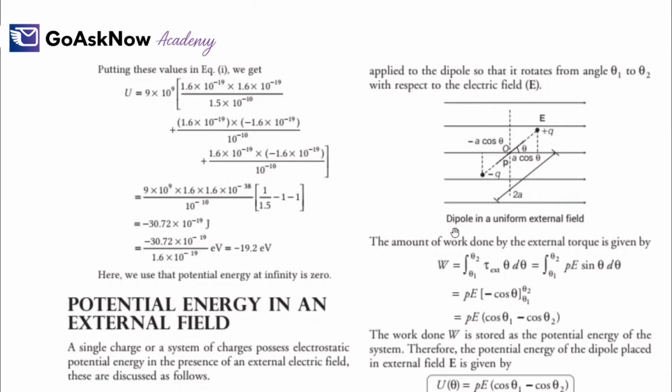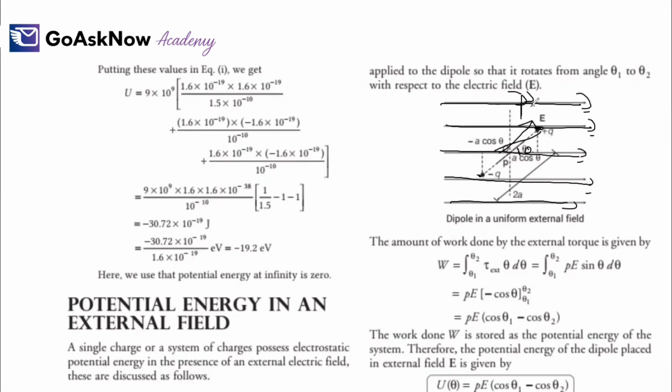Suppose you have uniform electric field lines in this direction, and your dipole, with minus q and plus q, is placed inside this field. The dipole moment p is directed from the minus charge to the plus charge, making angle theta with the electric field.